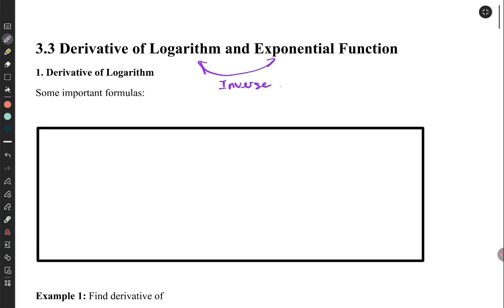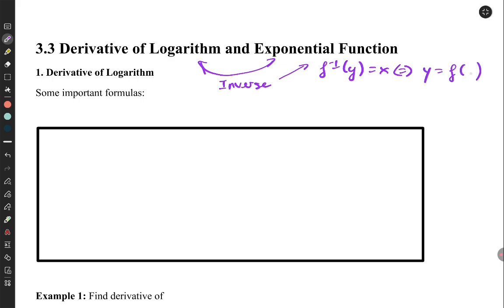A little bit of recall from yesterday. The normal idea of an inverse function: the inverse of y equals f of x is y equals x if and only if x equals f of y.